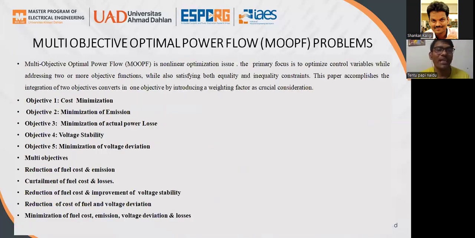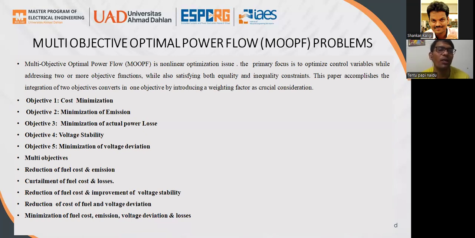So these are my main objective functions. The multi-objective optimal power flow is a nonlinear optimization issue. These are my different objectives: objective 1, cost minimization; objective 2, minimization of emission; objective 3, minimization of actual power losses; objective 4, voltage stability; 5, minimization of voltage deviation.